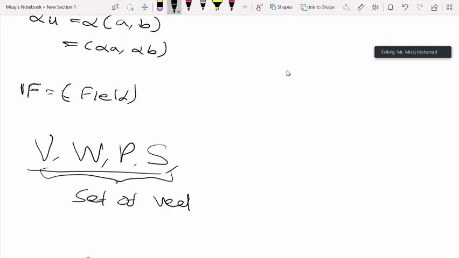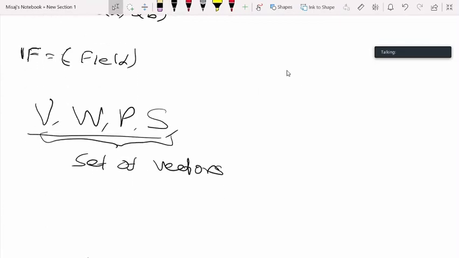Sets of vectors are denoted by capital letters.